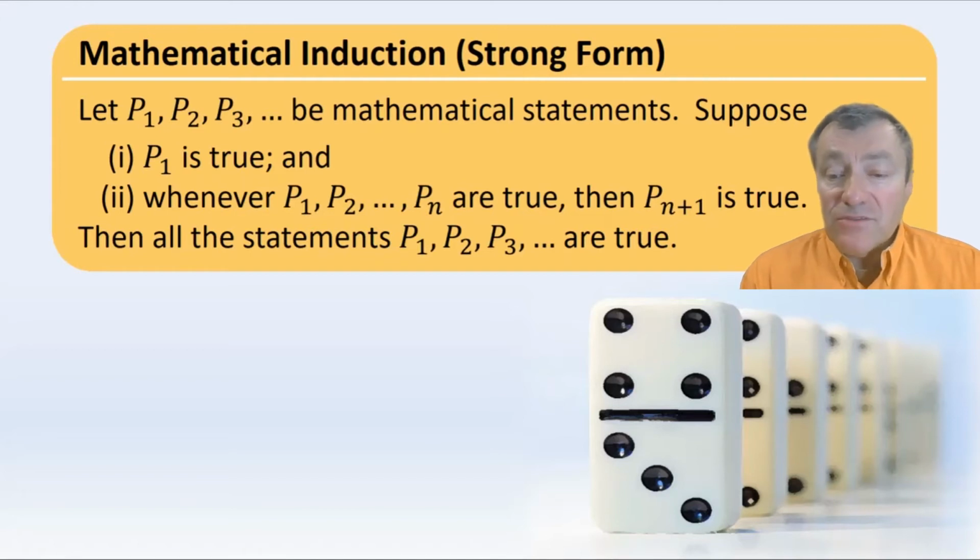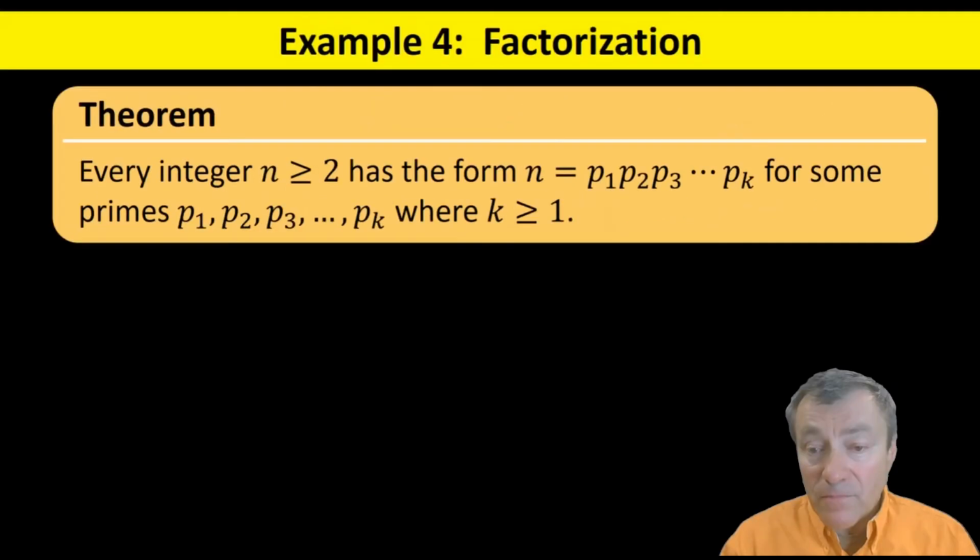In analogy with the dominoes, we first push over the first domino, which knocks over the second, then the first 2 dominoes together knock over the third, then the first 3 dominoes together knock over the fourth, and so on all down the line.